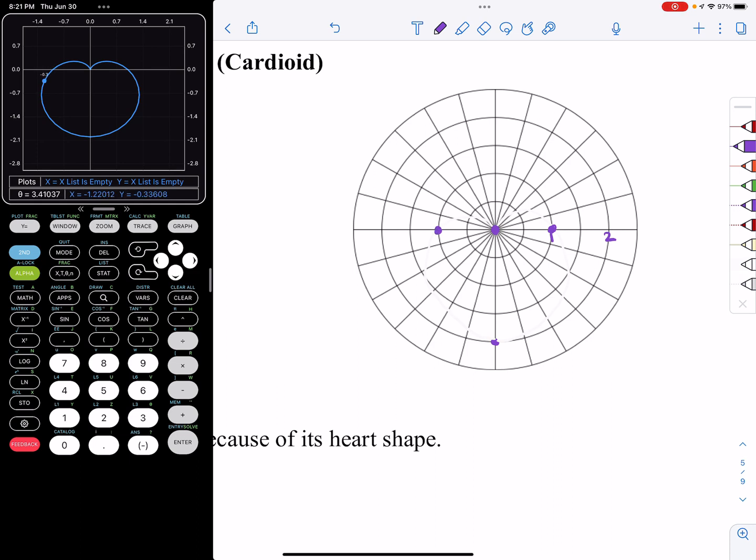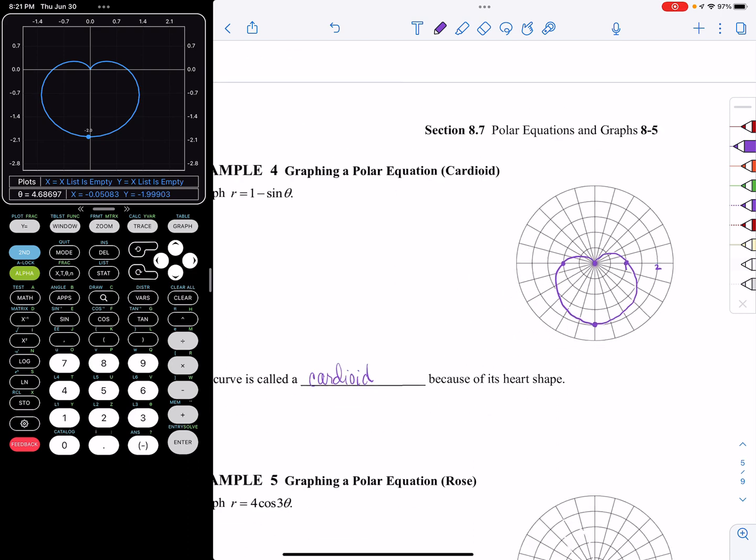And then if we keep going to the bottom so we can get our y-axis, I can't really get too close to it, but I'm going to guess it's around 0, negative 2. So once I have my x and my y intercepts marked, then all I have to do is fill in with the general shape of that cardioid. Doesn't have to be gorgeous, but that's what we're looking for.